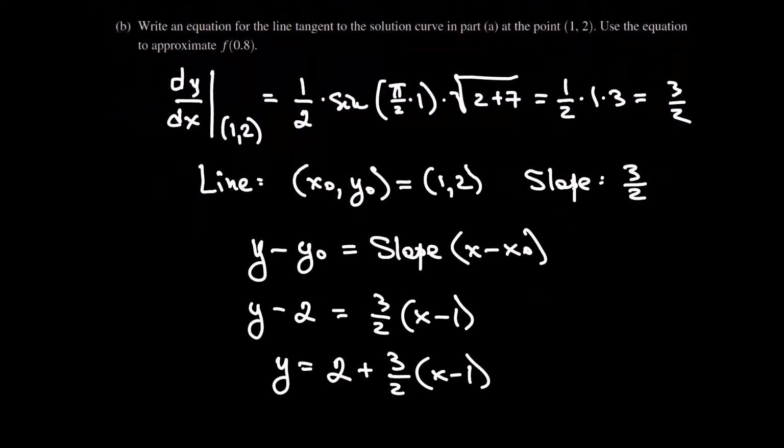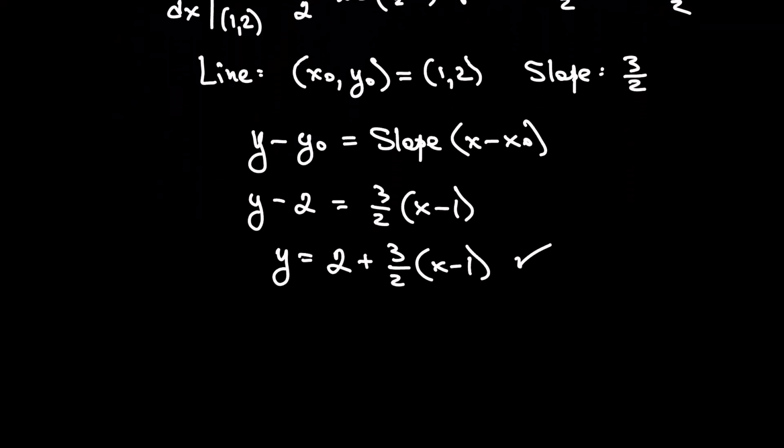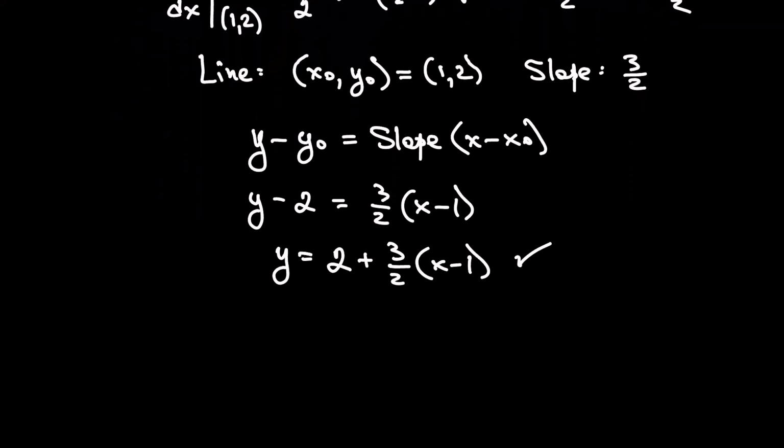And so we found the equation of the line, and then we need to approximate f of 0.8. And f of 0.8 is, we just plug in 0.8 for x into the equation of the line.